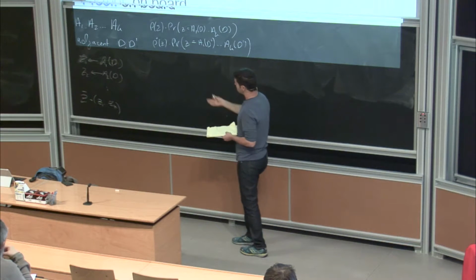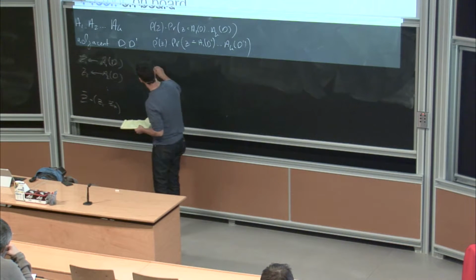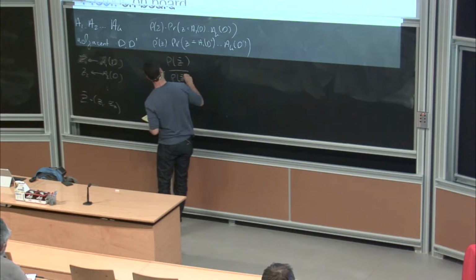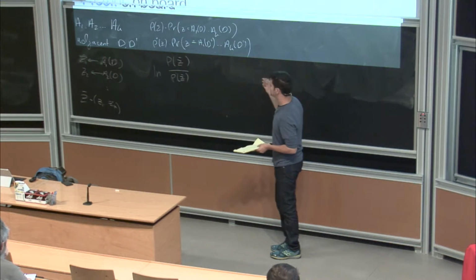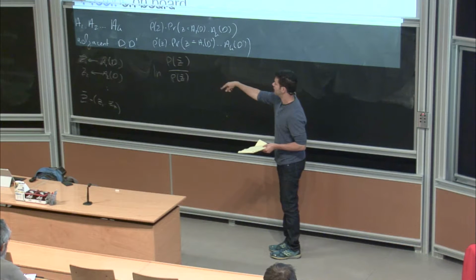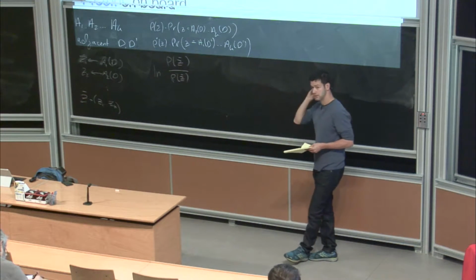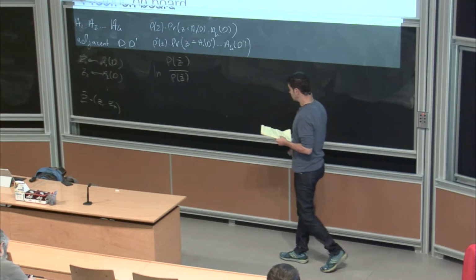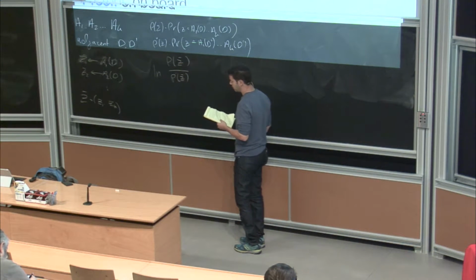Now, when I run the algorithms on database D, I want to look at the log ratio of the probability of Z over the probability prime of Z. Hopefully what I want to show is that with all but delta probability over the coins of the algorithms running on data set D, this log ratio is bounded between epsilon and minus epsilon. Good. So let's look at this log ratio.